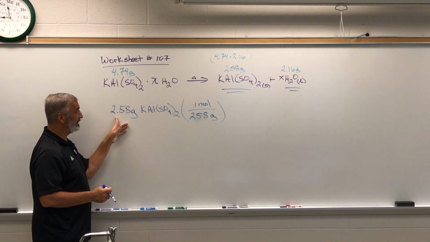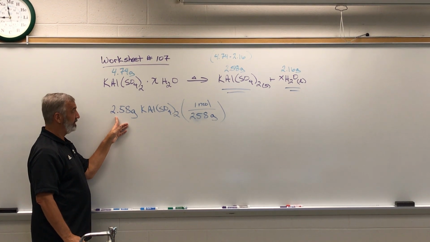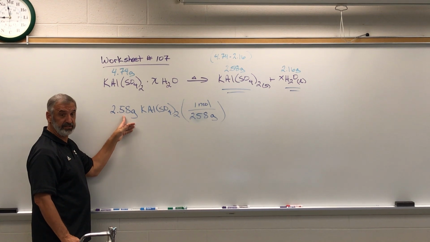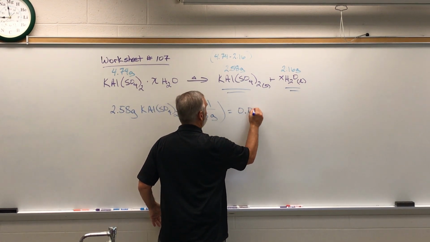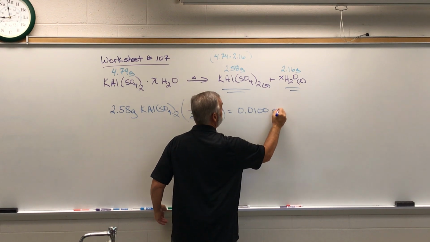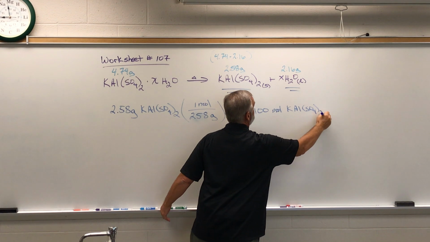So how many moles, and we can do this math in our head. If it was 258, it'd be 1, but it's 2.58, so it's 0.0100, right? But we get to have 3 sig figs, so it comes out to exactly that many moles of KAl(SO4)2.